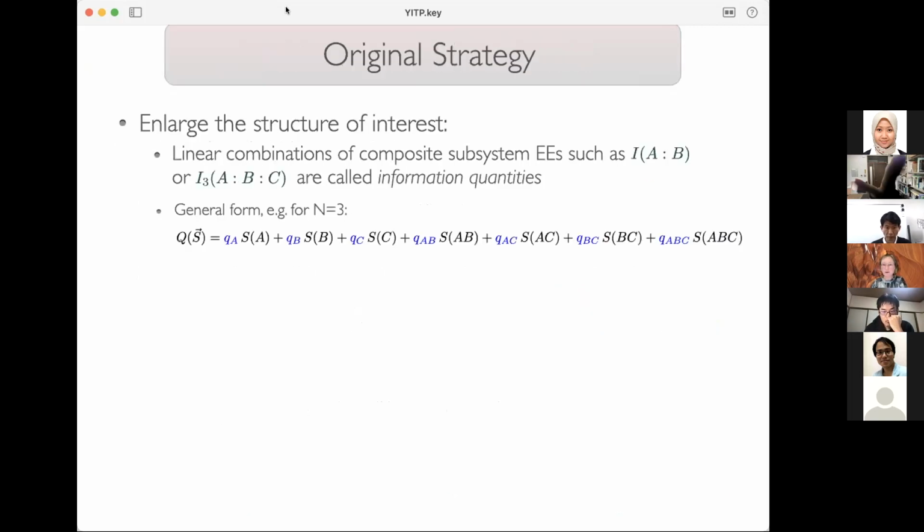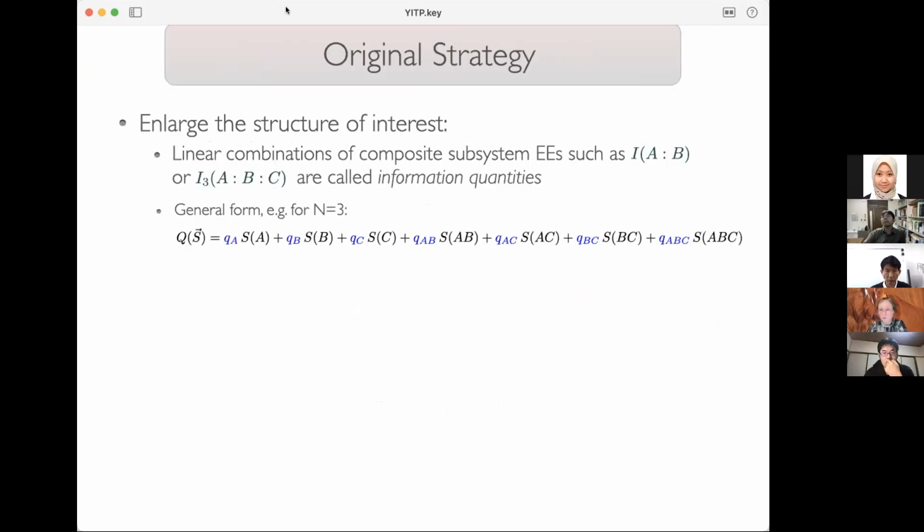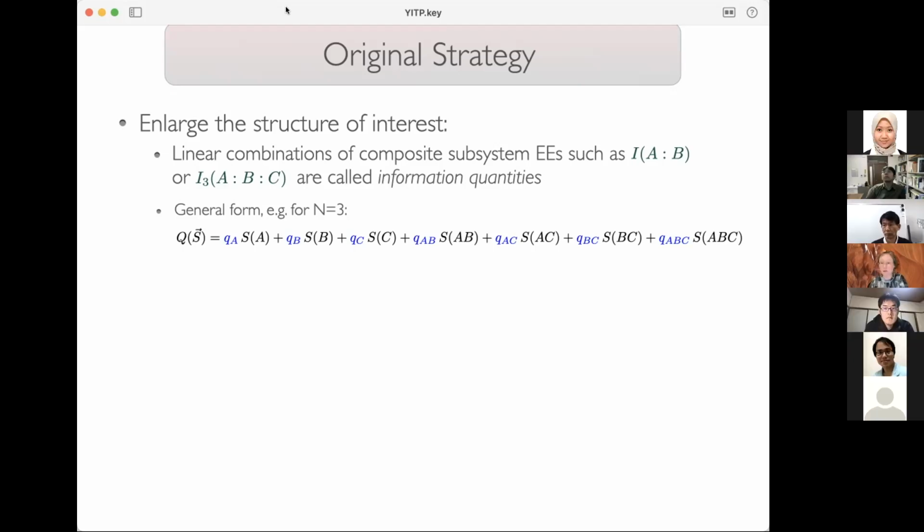Okay, so what do we do about describing the holographic entropy cone for an arbitrary number of subpartitions? The original strategy was to consider what are the geometric objects in this entropy space that are relevant.